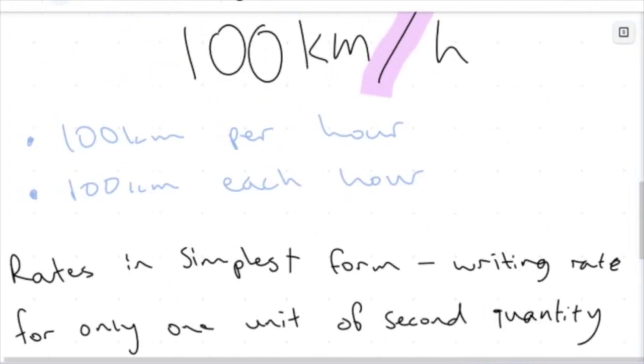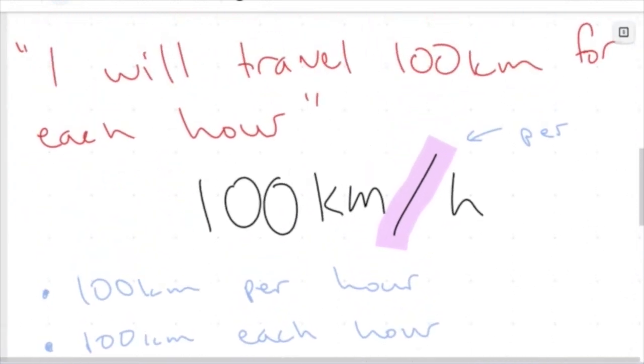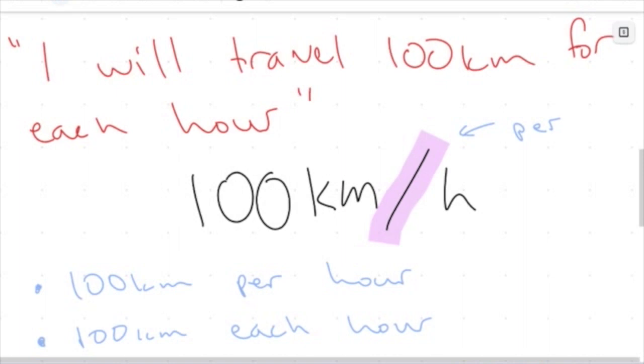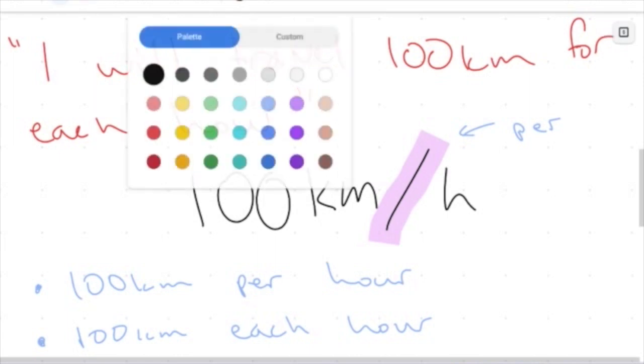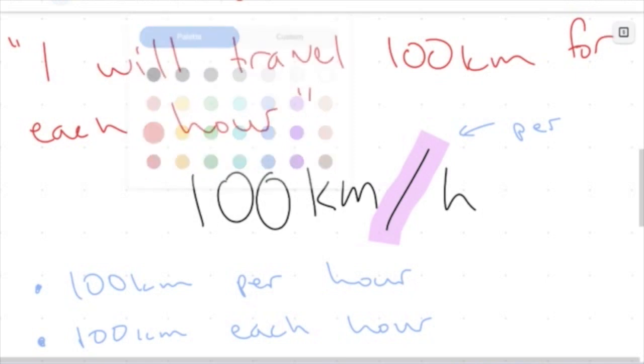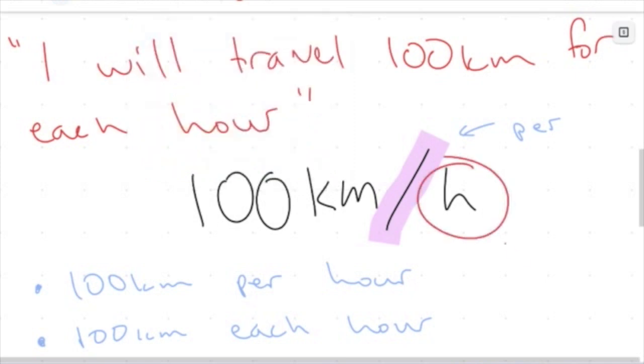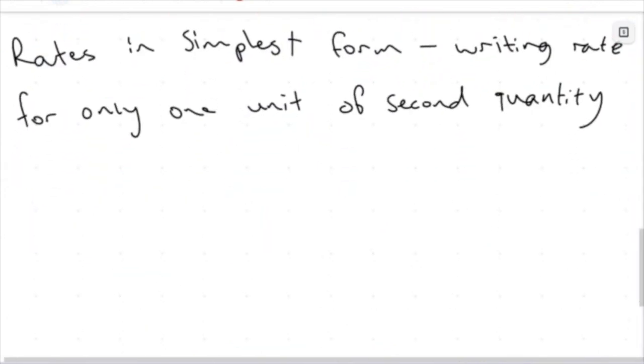So if you look up here, for example, this we expressed as 100 kilometers for each hour or for 1 hour. So we're driving 100 kilometers, and this thing here was expressed as to 1 unit, so 1 hour, 1 measurement quantity.